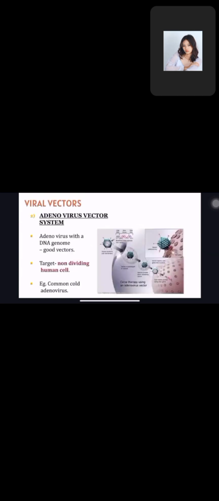Second is the adenovirus vector system. The adenovirus vector system is one of the most commonly used viral vectors in gene therapy. Adenoviruses are a group of viruses that can cause the common cold and other respiratory diseases in humans.